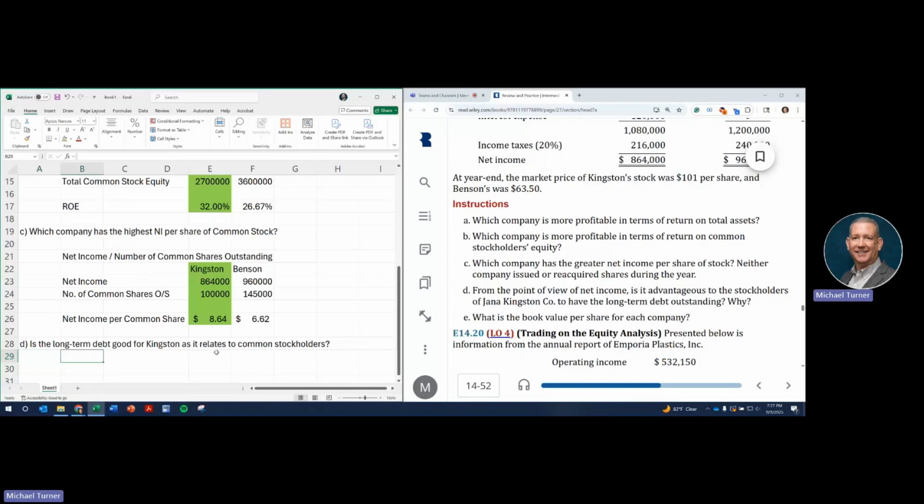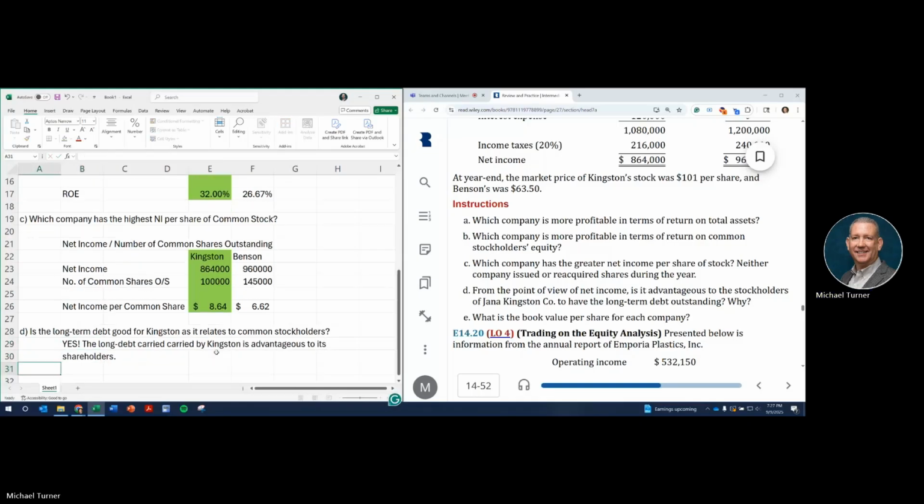So yes, the long-term debt carried by Kingston is advantageous to its shareholders. Why?